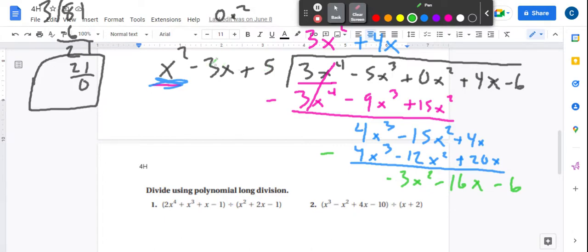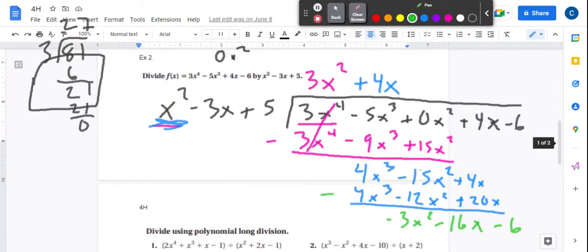Okay. So last thing we're going to do is divide this green term by our original thing. So we have negative 3x squared and x squared. So x squared goes into negative 3x squared negative 3 times. Okay, we're looking at our first term and first term.